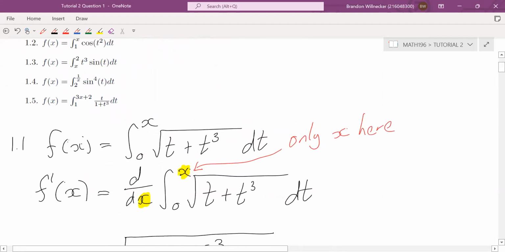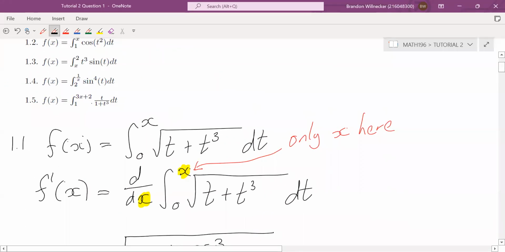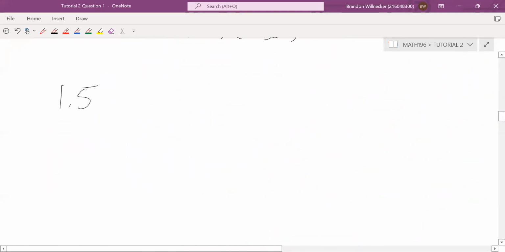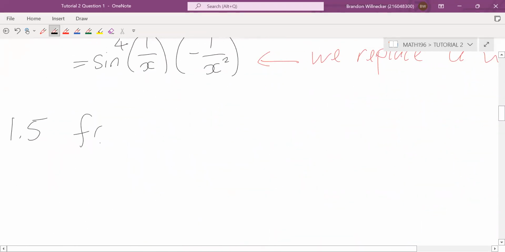This was the integral from 1 to 3x plus 2. Okay, so let's write that down. f of x was the integral from 1 to 3x plus 2, t over 1 plus t cubed dt.